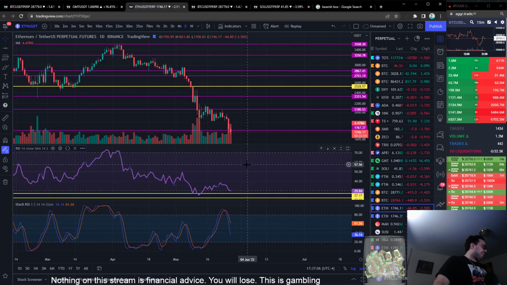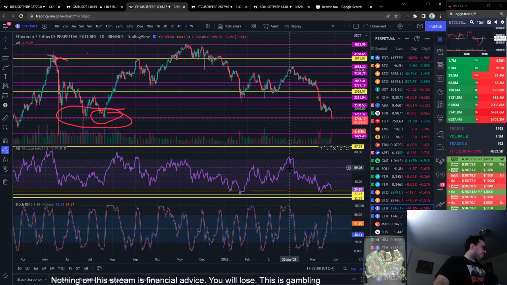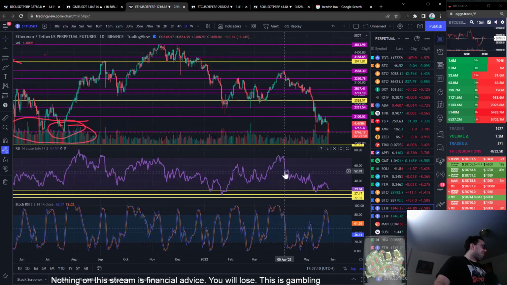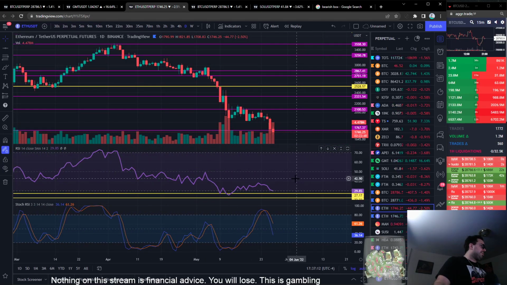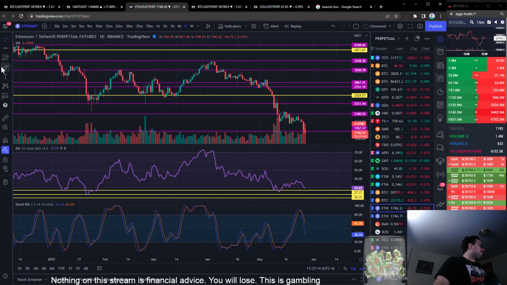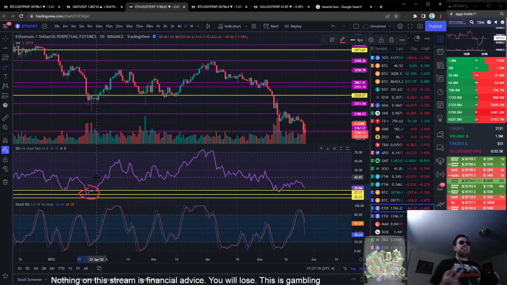But going back to RSI lines, you really want to see where these RSIs really go. How far does it go down? Because theoretically, when it's really oversold, that's when you don't want to sell. That's when the market is like, oh man, this is really bad and I've got to sell out at a loss. My general theory in life is you don't want to sell when it's oversold.